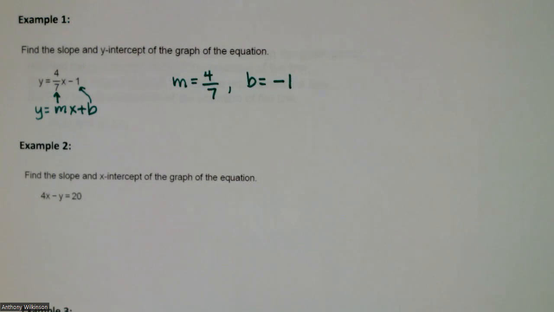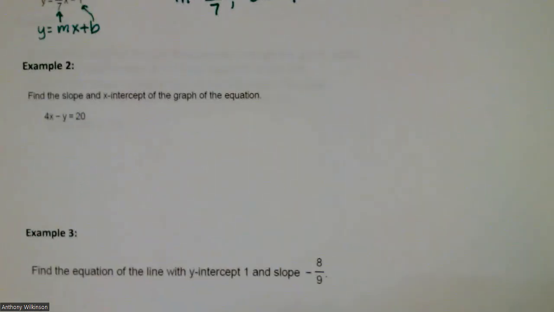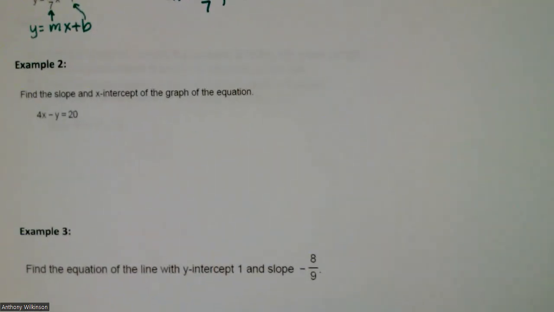Example 2. Here we're going to find the slope and the x-intercept of the graph of the equation 4x minus y is equal to 20. What I would do here is write this equation in terms of y. In other words, I need to move some terms over to the opposite side in order to get y by itself.